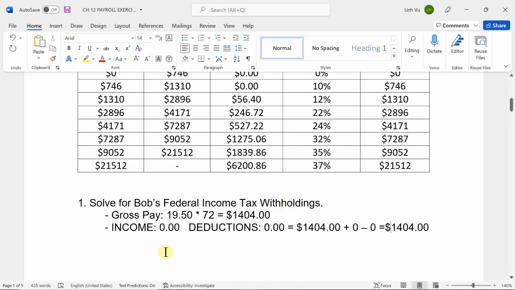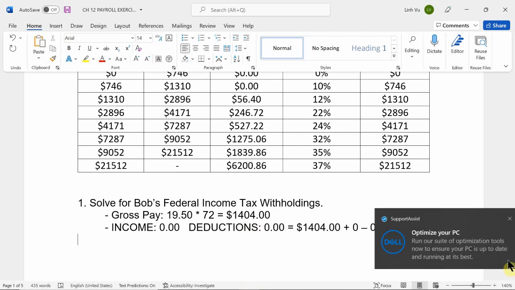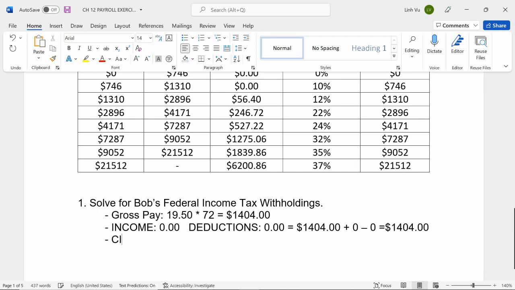So now the next step is determining what percentage we're going to use in calculating his federal income tax.